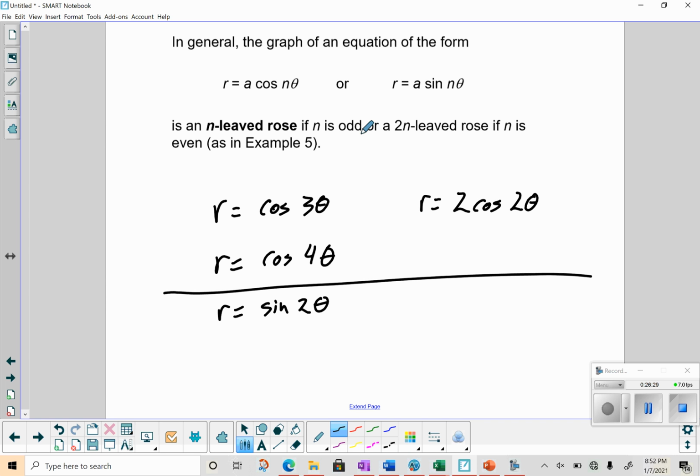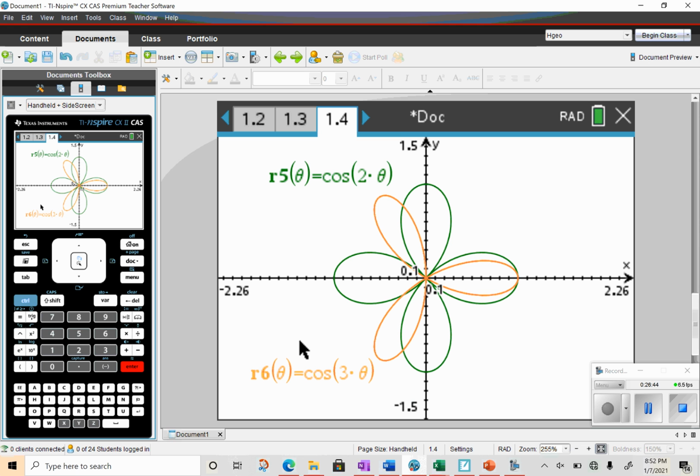Okay, so you just saw there cosine 3 theta, that gives you 3 leaves. But if n is an even number, you double it, that's how many leaves we get. Okay, so again, for 2 theta, we get 4 leaves. For 3 theta, we only get 3.